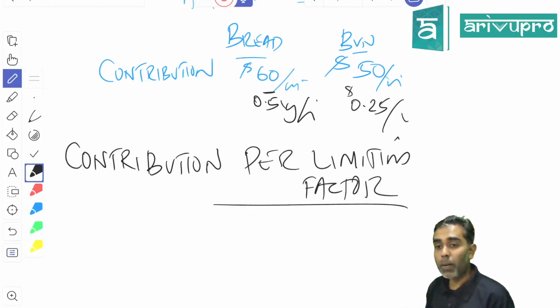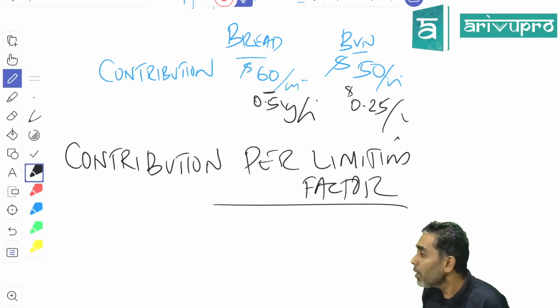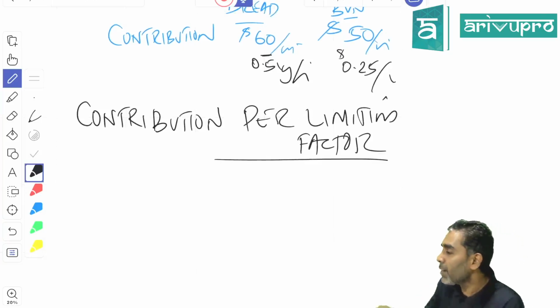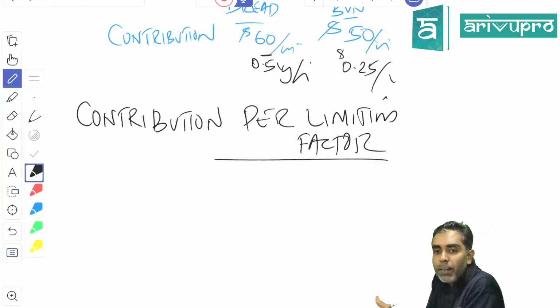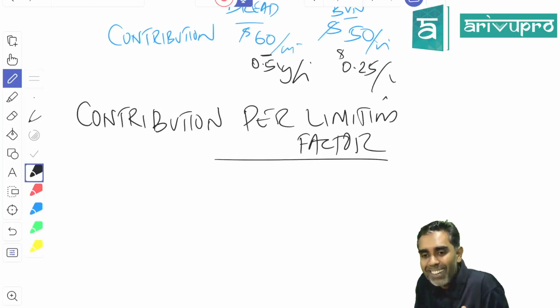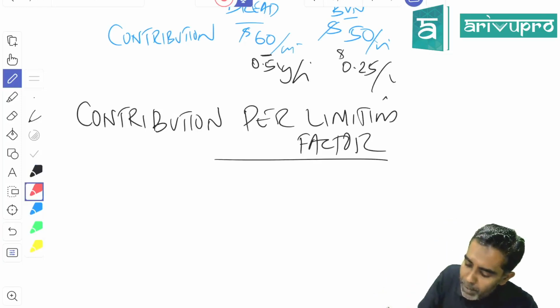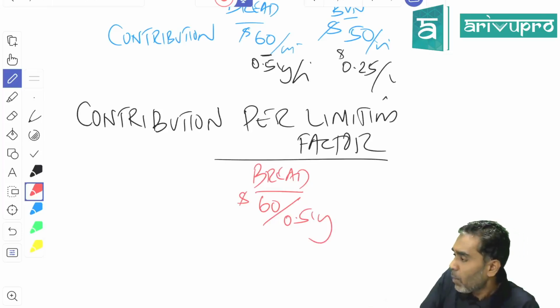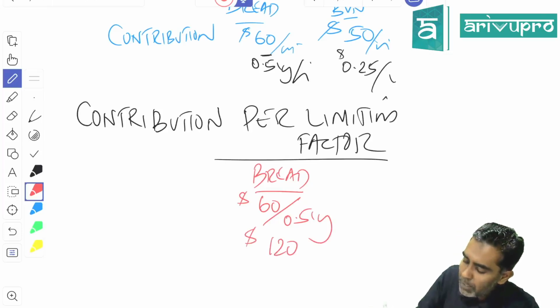We need to calculate contribution per limiting factor. How to calculate it? We are bringing both products onto comparable ground. How? If you look at bread, $60 per unit, divided by 0.5 kilo, gives $120 per kilogram.